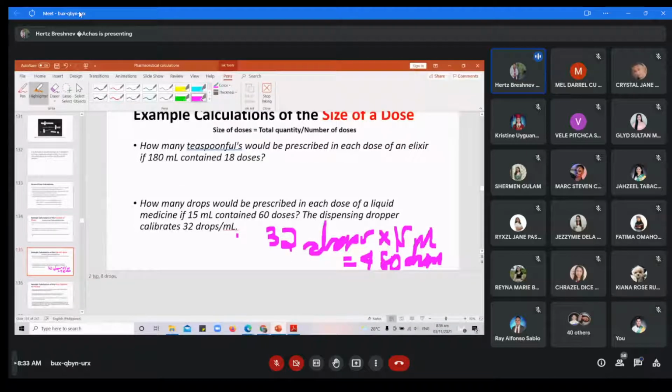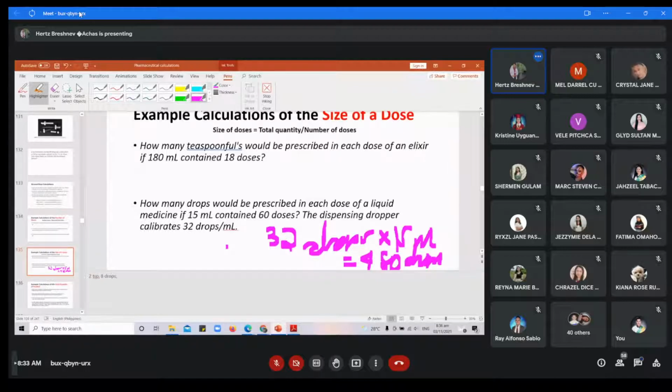Because the question is in drops, so we need to get the drops. There are 32 drops in 1 ml, and then there are 15 ml contained in 60 doses.